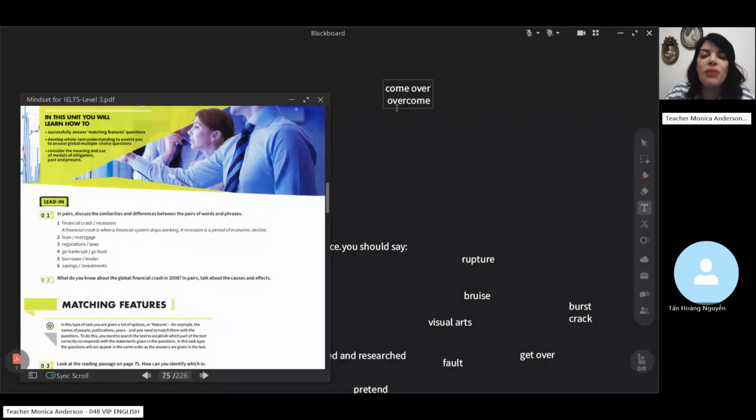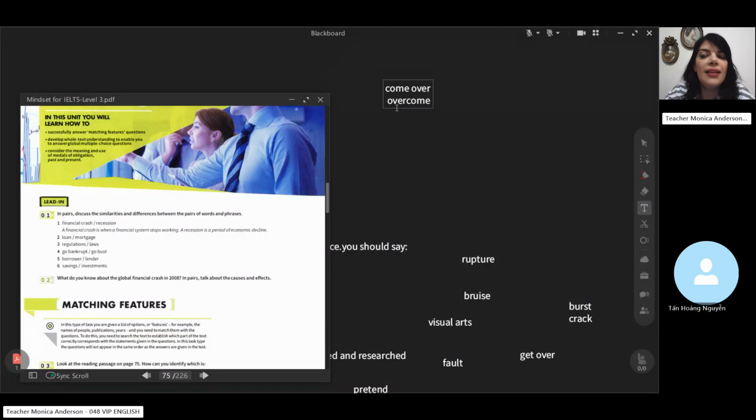The first one is come over. It's a phrasal verb. The first and easiest meaning is to move, for example from one place to another, or to move towards someone. For example, I come over here. So this is the first and basic one.